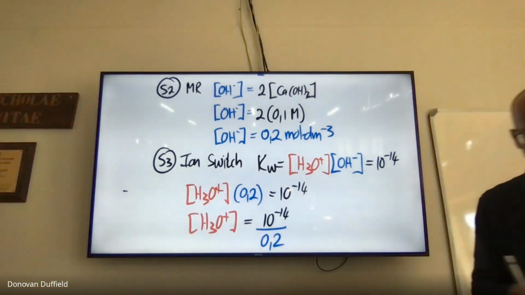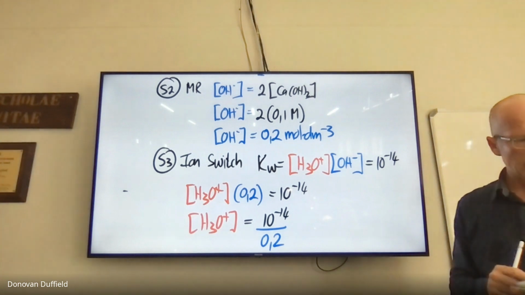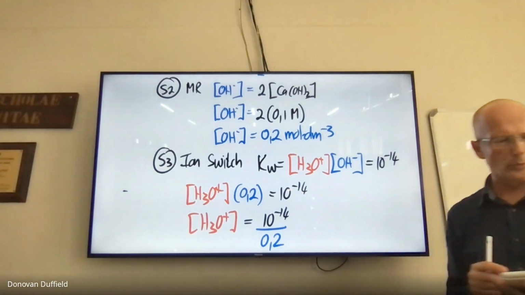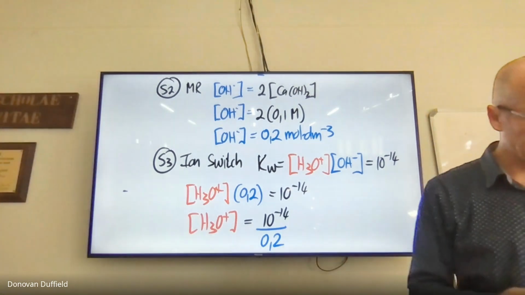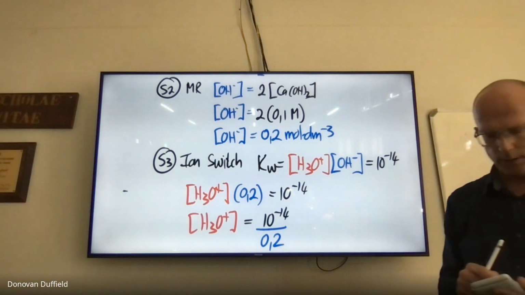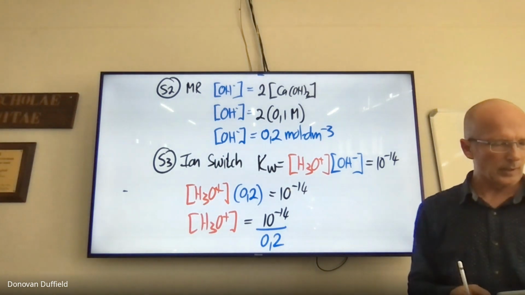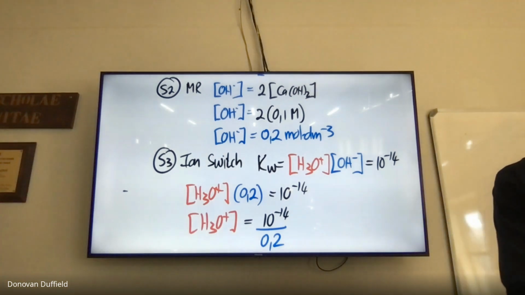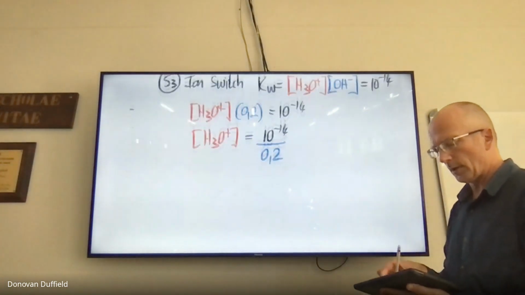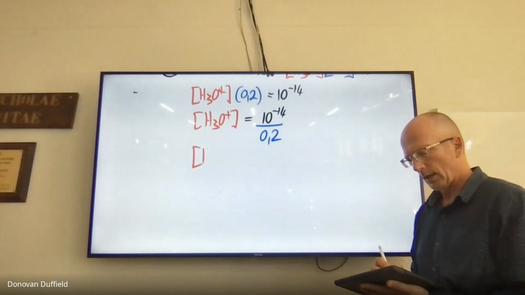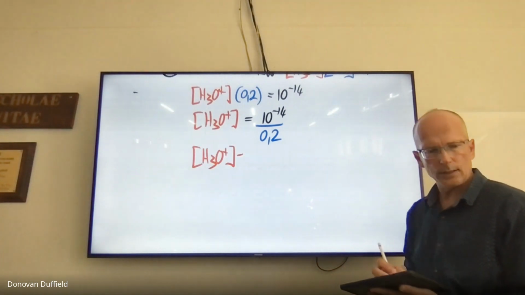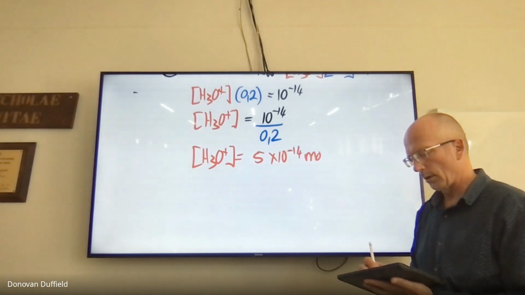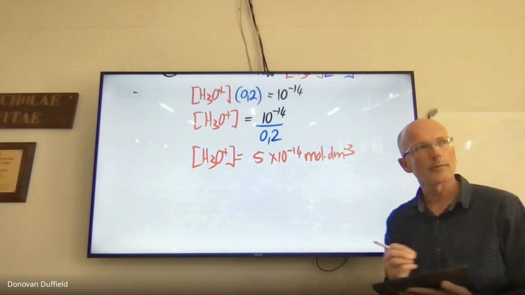And that is going to give us, I think it's 5, eh? 1/5. It's 5 times 10 to the negative 14, correct? Yeah, I think this time of the day, I'm not going to rely too much on my mathematical skills. It is 5 times 10 to the negative 14. So the hydronium ion concentration is going to be 5 times 10 to the negative 14 mole per cubic decimeter.